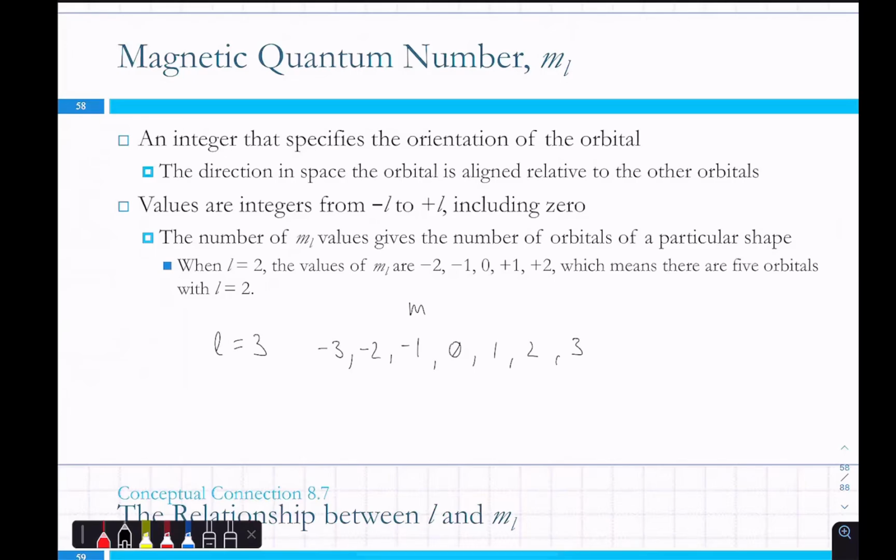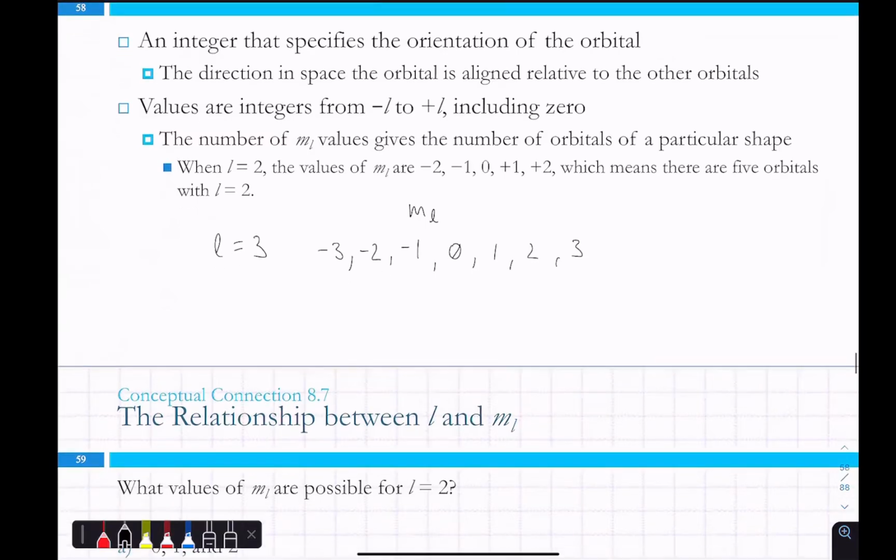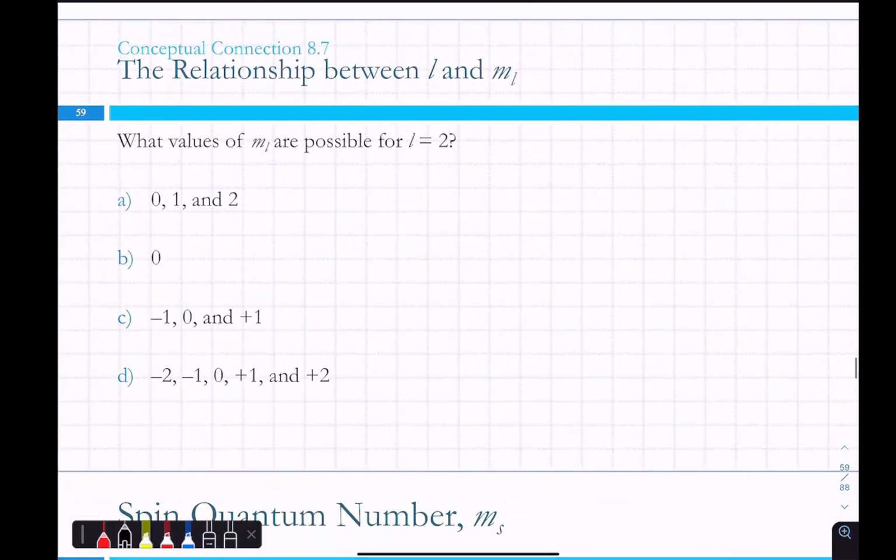So these are all the possible M sub L's. Okay. So what values of M sub L are possible for L equals 2? Negative 2, negative 1, 0, 1, 2. So for M sub L, you just go from negative to positive L, all the integers.